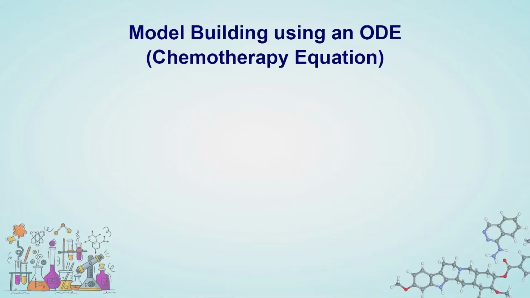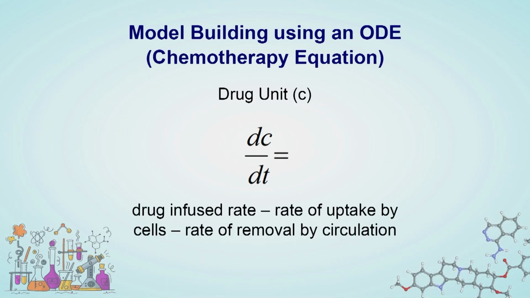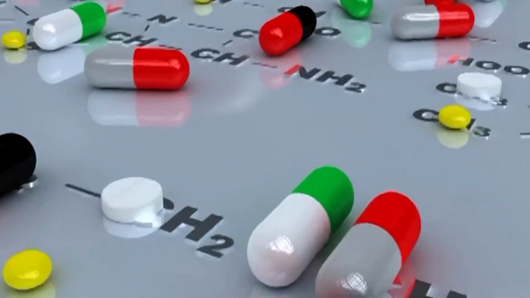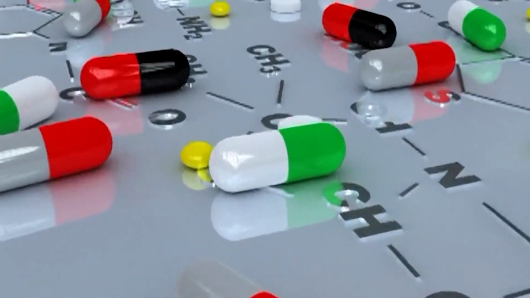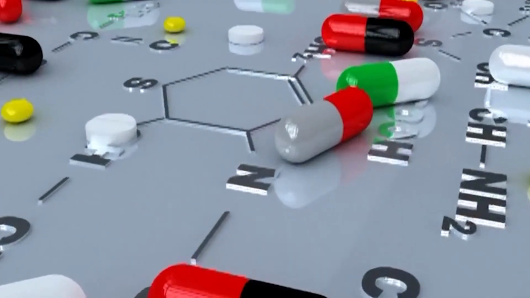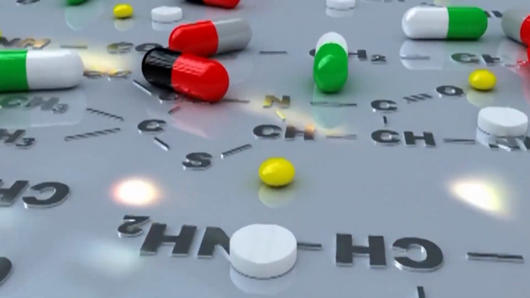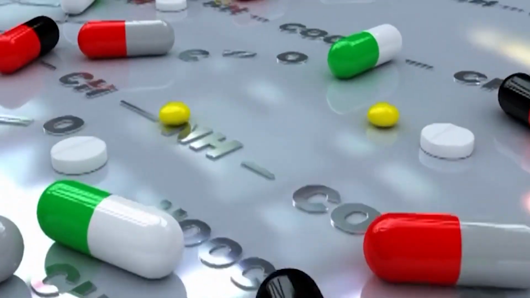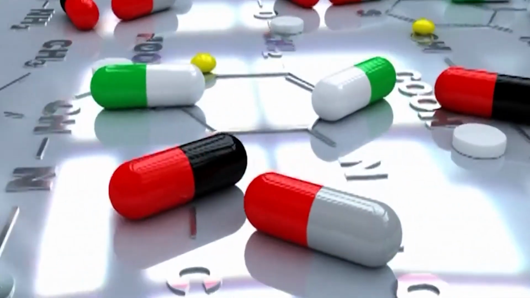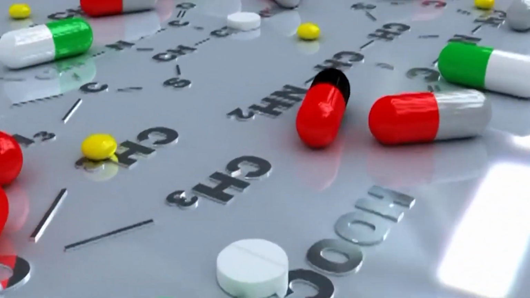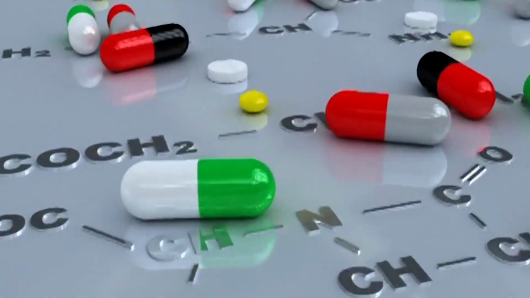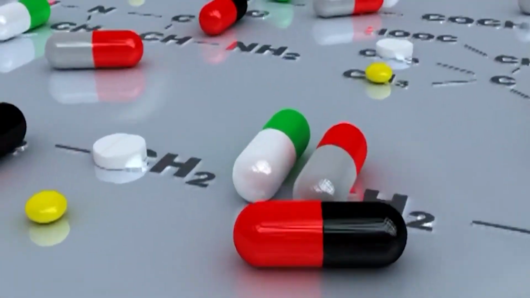It's a generalization through the drug unit. Definitely there is the drug system, but what is the change in drug for a better result? The quantity of drug is also very important. How much quantity of drug do we require for effective curing? In a general, physiological sense: drug infusion rate minus rate of uptake by cells minus rate of removal by circulation.